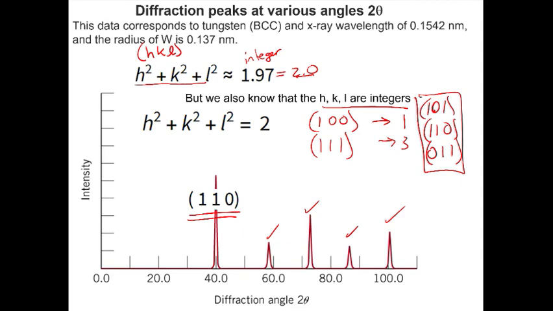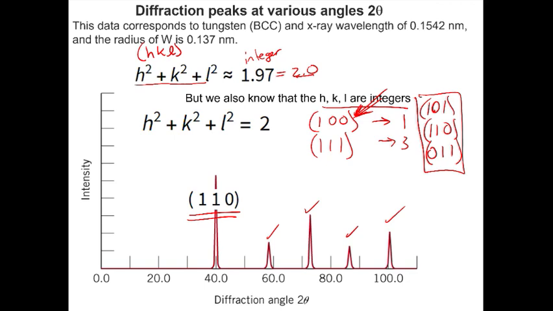I should say that in some cases, when you get a pattern like this, if you were to go through all of the different planes that are in the structure, you might find that there should be a peak somewhere in the pattern and it's missing. That is the case when we start taking into account the actual positions of atoms on the plane, which is really beyond this class, but when you get to crystallography, you will take a look at that.